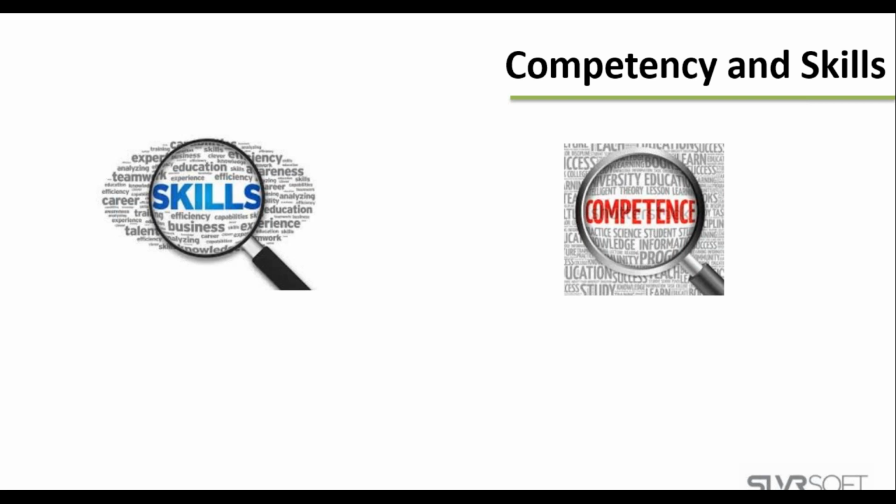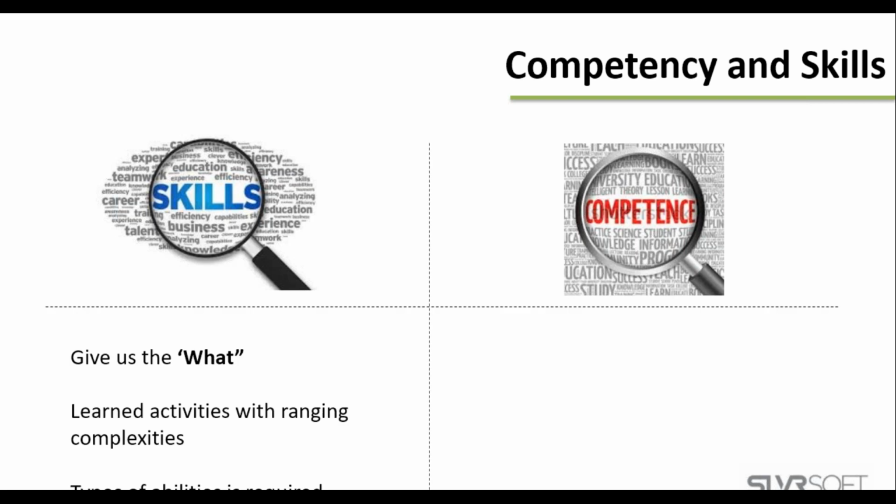And I often find when I go into clients that there's a debate between what a skill is and what a competency is. So for me, a skill gives us the what. It defines specific learned activities, and they range widely in terms of complexity, like mopping the floor and performing brain surgery, both can be classified as skills.